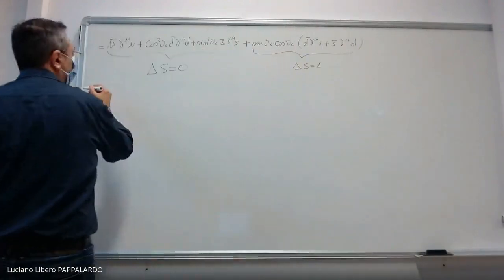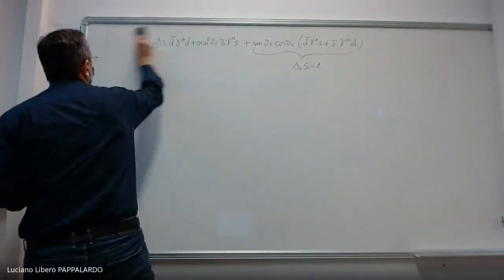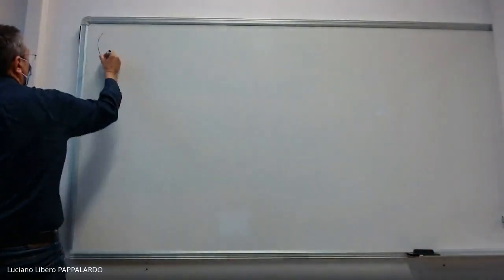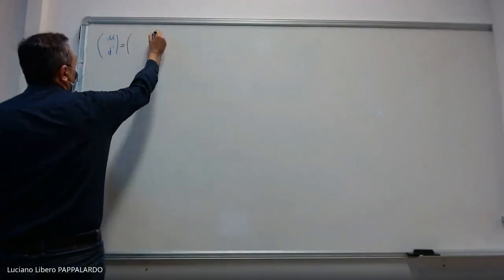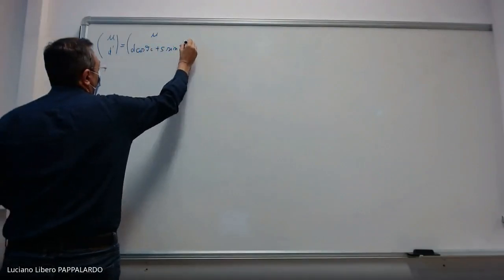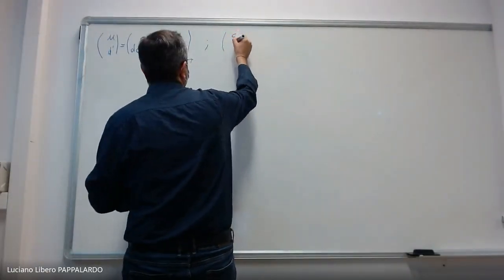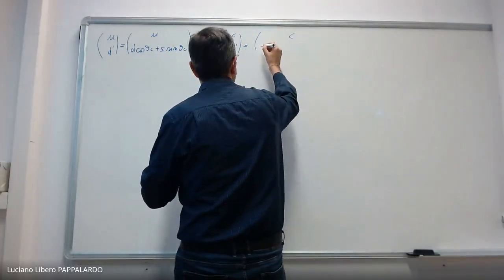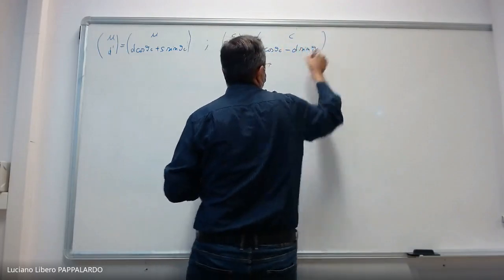So now we have two doublets: u, d', that is the same as before, that is u, d cosine theta_C plus s sine theta_C. And then we also have the other doublet, that is c, s', that is c, and then we have s cosine theta_C minus d sine theta_C.